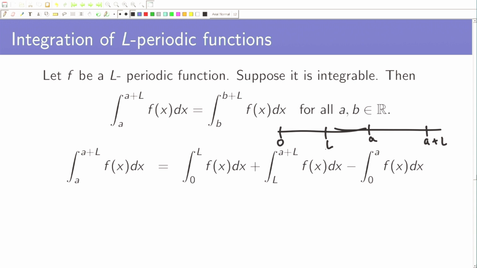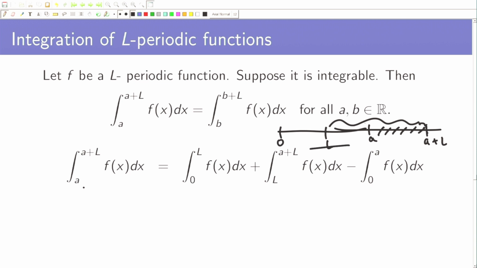Now, plus I add the integral from L to a plus L. I want to get back the integral from a to a plus L, so I need to subtract the integral from 0 to a.